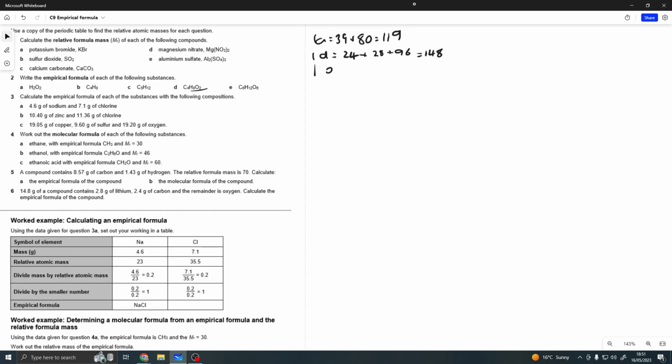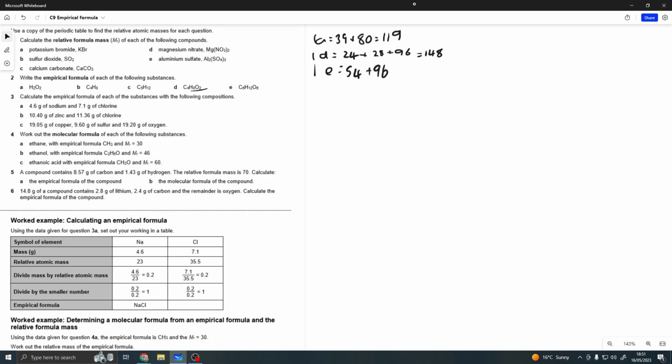Now finally 1E, aluminium sulfate. So we've got 27 times 2, which is 54. We've got S times 3, because there's SO4 times 3, so we've got 3 times 32, which is 96.